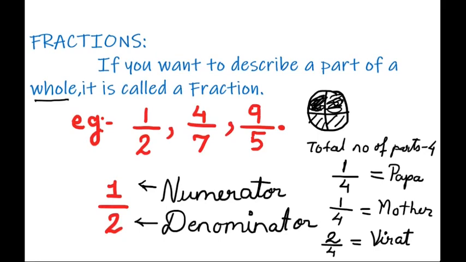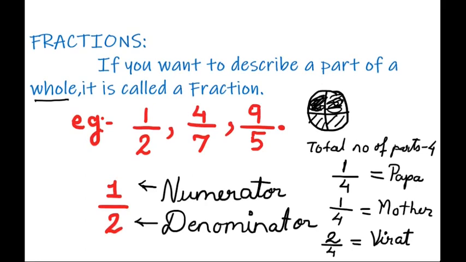Did you understand? So here I have written some examples, that is 1 upon 2, 4 upon 7, 9 upon 5. These all are fractions. Okay. So how do we write this? The upper number is called as numerator and the down number is called as denominator. And how to read this?